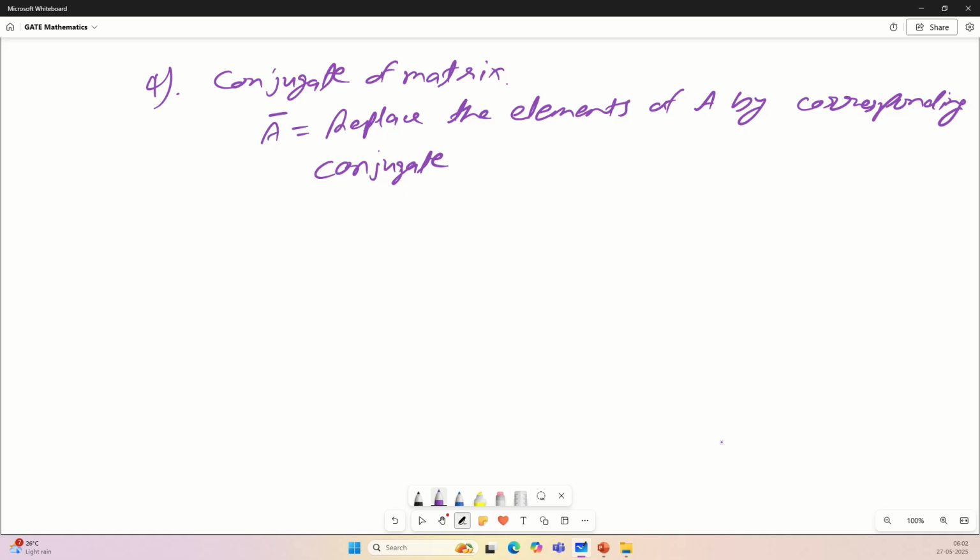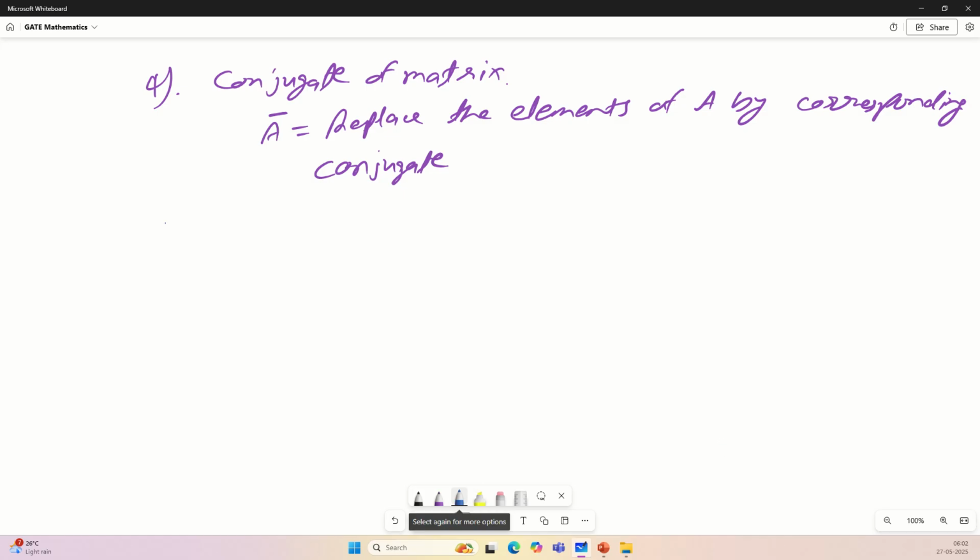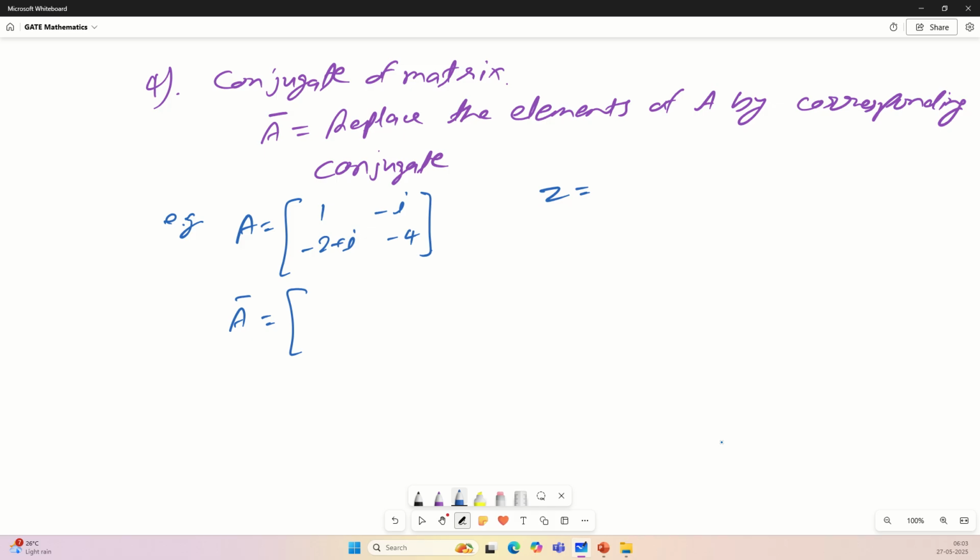Let me give you an example so that you can have a better understanding. Let us say we have a matrix A which is 1, minus i, minus 2 plus i, and minus 4. What will be the conjugate of matrix A? Before that, let us say Z is an element A plus iB. What will be the Z bar, or Z conjugate?